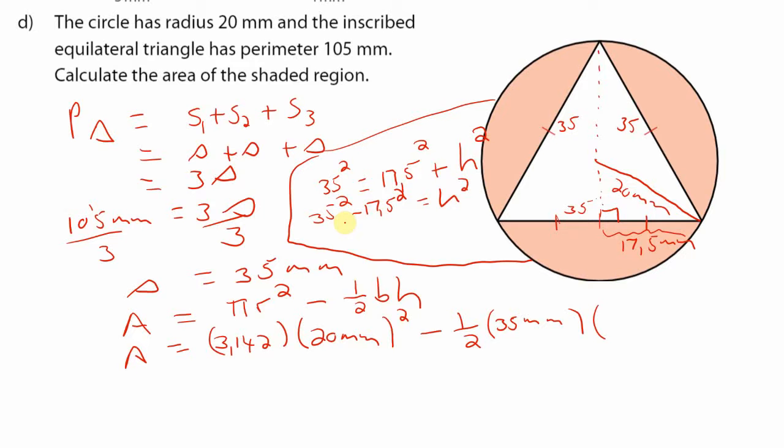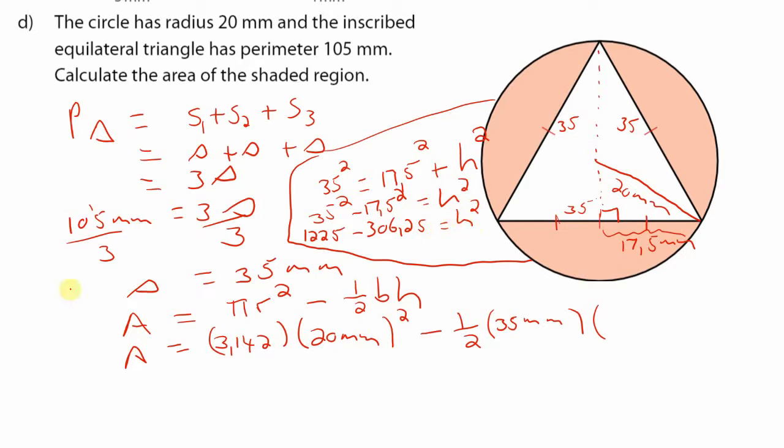Okay, so now to our calculators. 35 times 35 is 1225. We subtract, what is 17,5 times 17,5? 306,25 equals height squared.